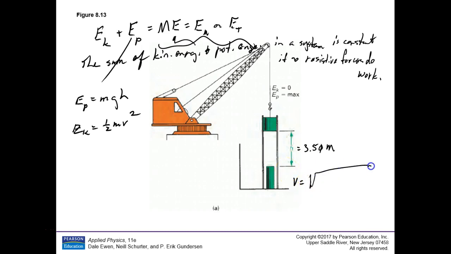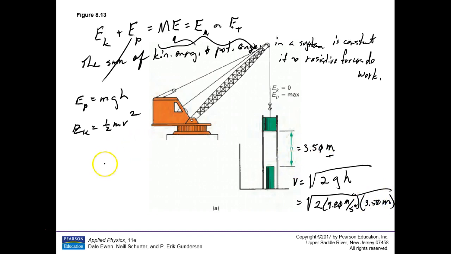Square root of 2gh. Let's use the square root of 2 times g. Since we're in meters here, we use meters per second squared. So that would be 9.80 meters per second squared times your height. And what's your height? 3.50 meters.